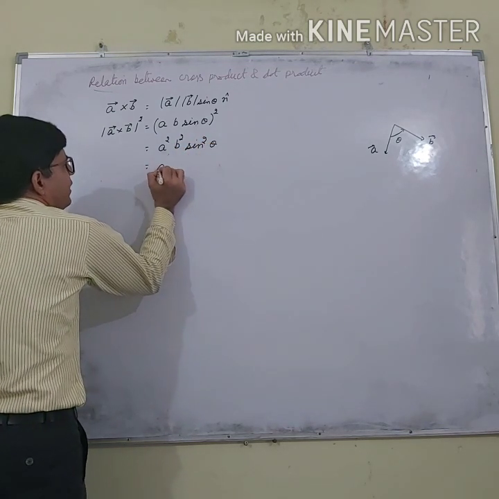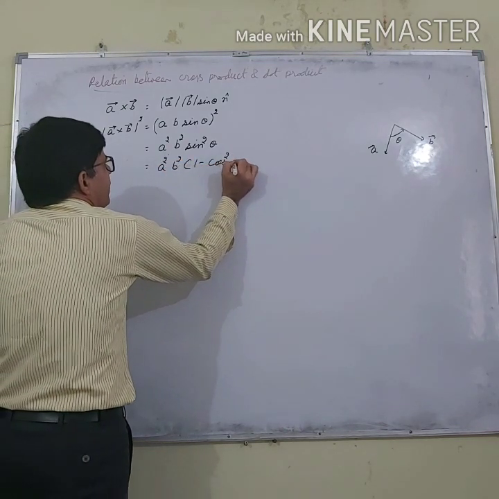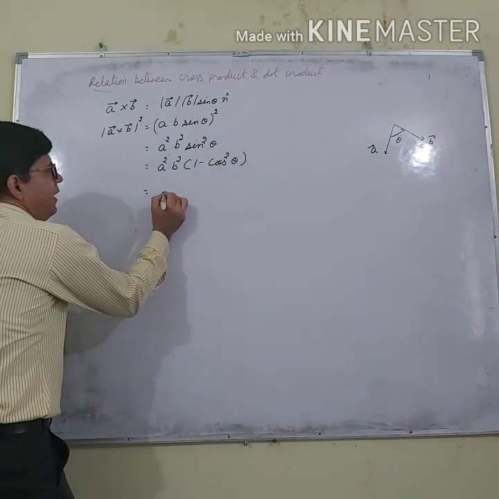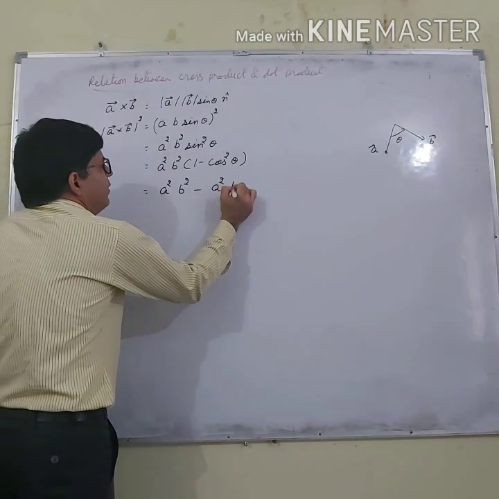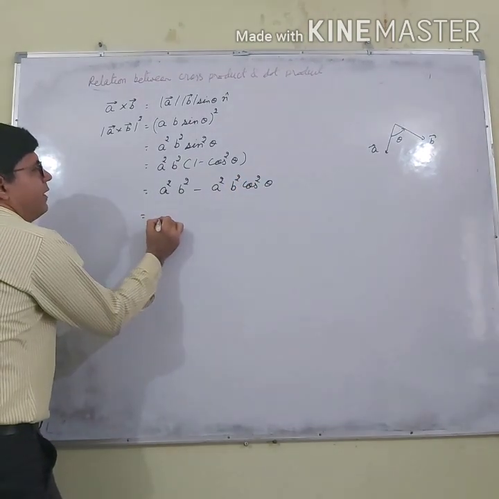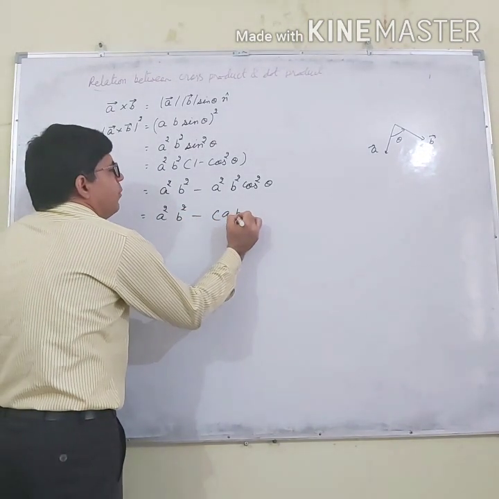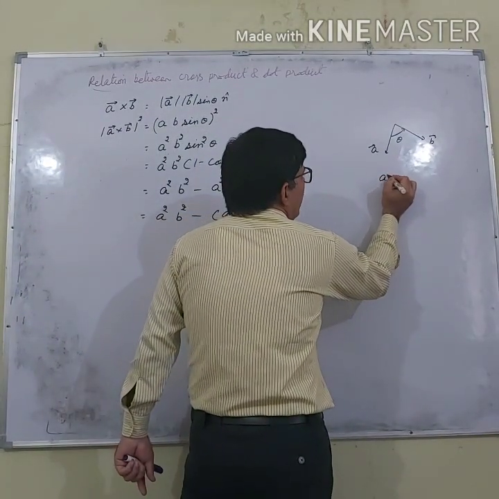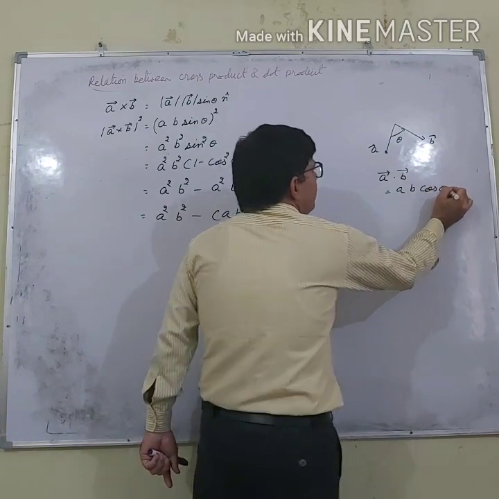And what is sine square theta? Sine square theta is equal to 1 minus cos square theta. So it can be written as A square B square minus A square B square cos square theta. But this is AB cos theta squared, and A dot B is AB cos theta.